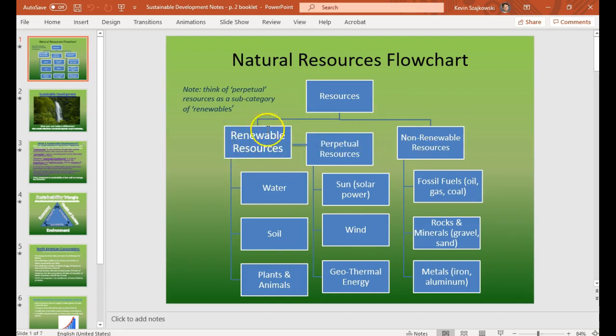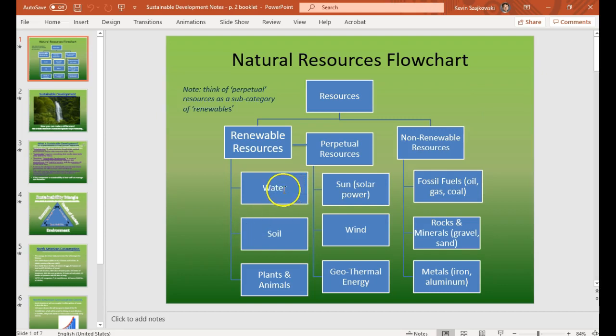There are 2 major categories, renewable and non-renewable. And here I'm asking you to remember or think of perpetual as a subcategory of renewable. These kinds of resources can never run out. They have an unlimited source and amount, whereas these kinds of renewable resources here are ones that theoretically should be able to renew themselves and be available for human consumption forever.